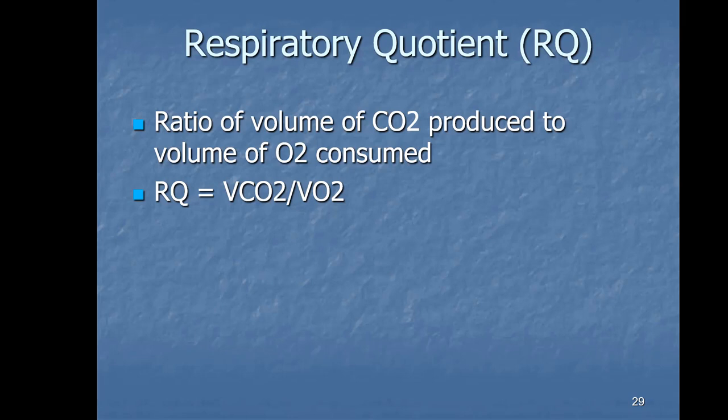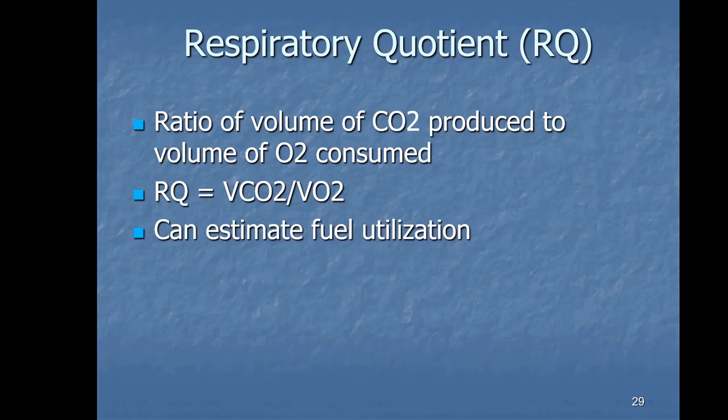If we look at that ratio, it gives us this quotient. And it's going to be between 0.7 and 1 for the most part. So this is an important ratio because it can give us an idea of what fuel we're utilizing, whether we're using fat or whether we're using carbohydrate.